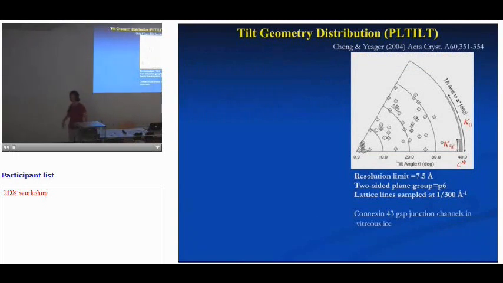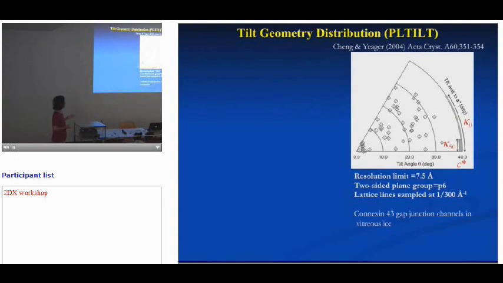And then the last is for the tilt geometry. I created this plot when I was working on this set of data. The idea is that we really don't have a good way of displaying our tilt geometry distribution.